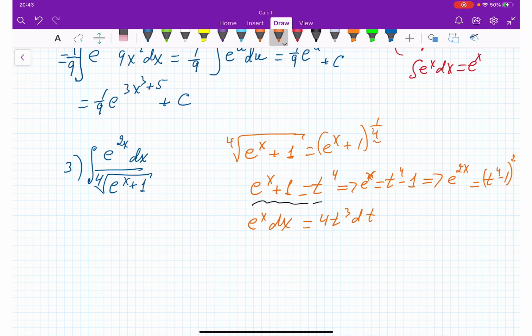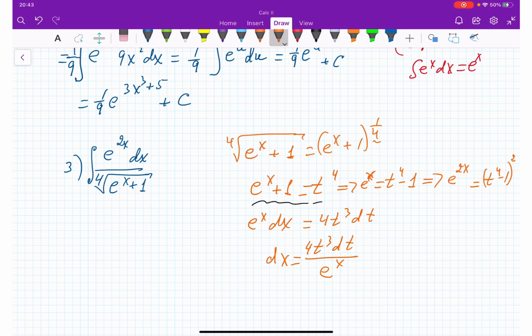That gives us dx equal to 4t cubed dt divided by e to power x.